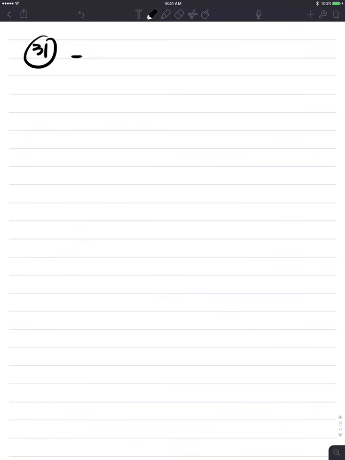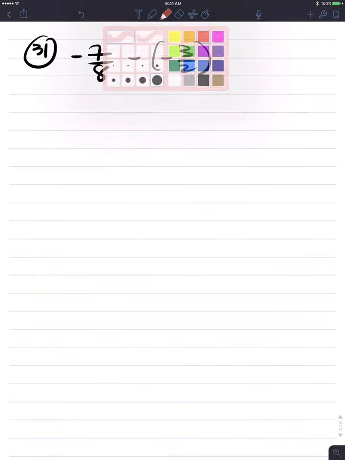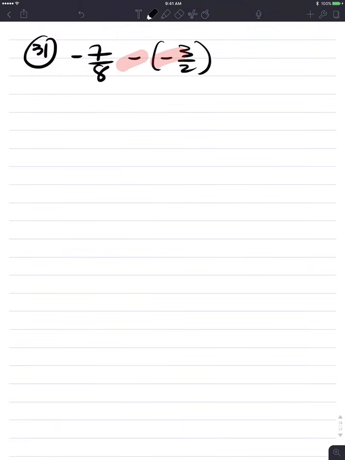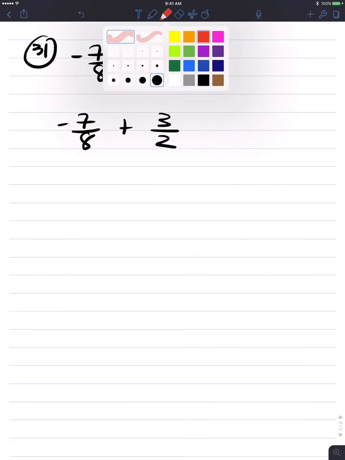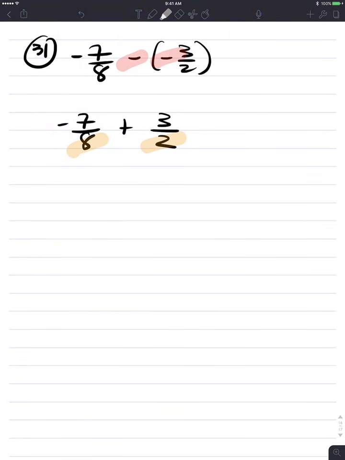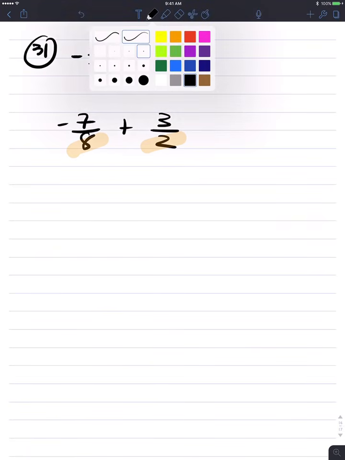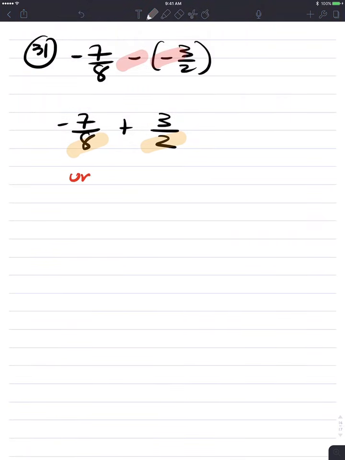We get negative 7 over 8 minus a negative 3/2. Minus the minus gives us a plus. Negative 7/8 plus 3/2. These fractions are unlike because they have different denominators.